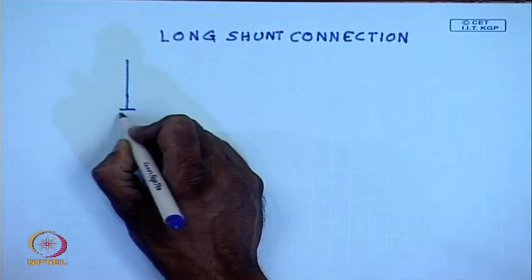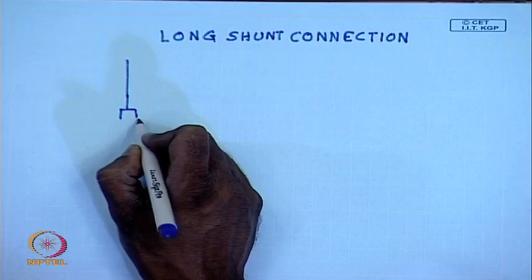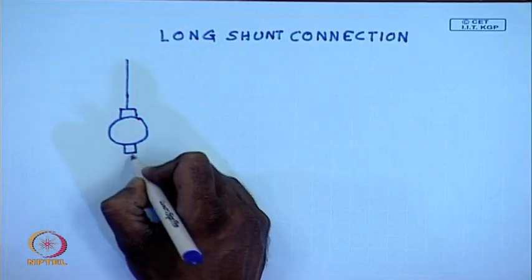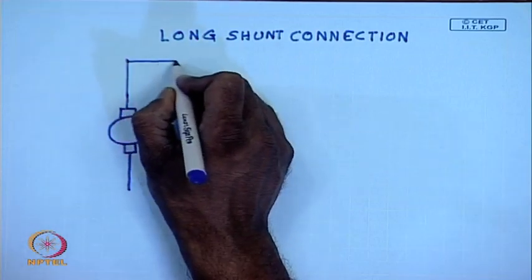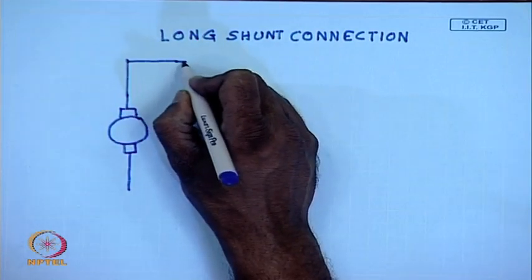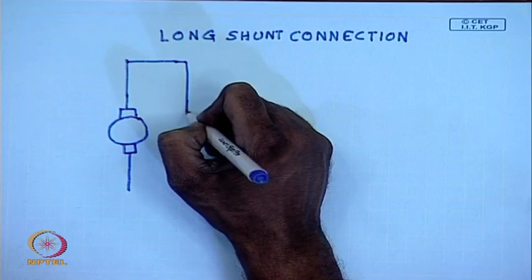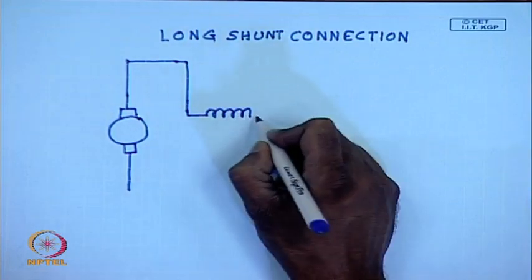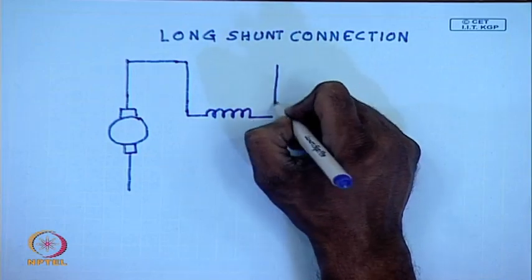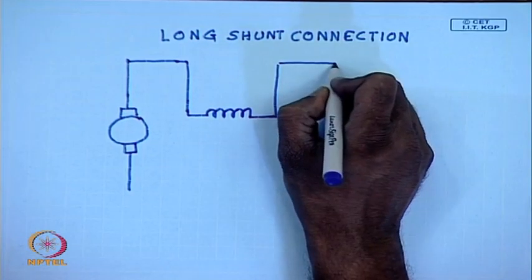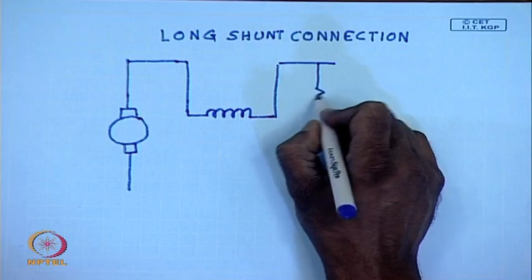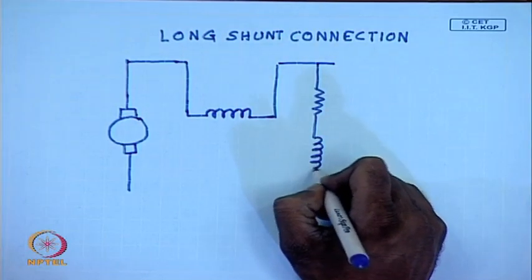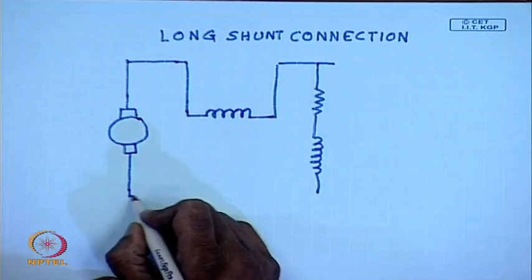In this case, the series field is connected first, and the shunt field is connected across the load rather than the armature.